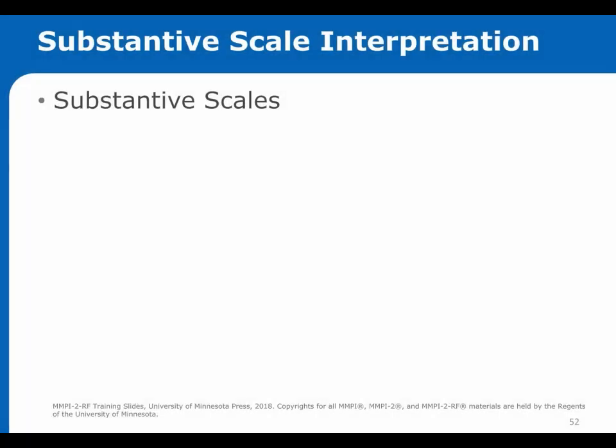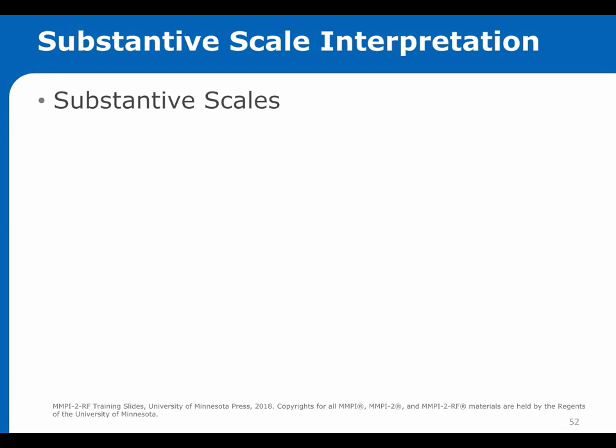So now we'll dive into how to interpret the MMPI-2-RF substantive scales. The most important thing is to recall that the substantive scales of the test are structured in a hierarchical manner, where we have the three broad measures of major areas of psychopathology in the Higher-Order scales.